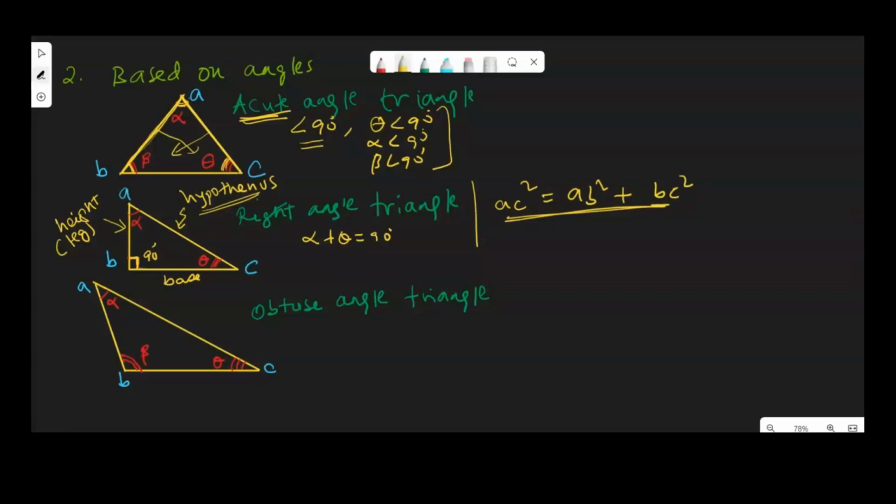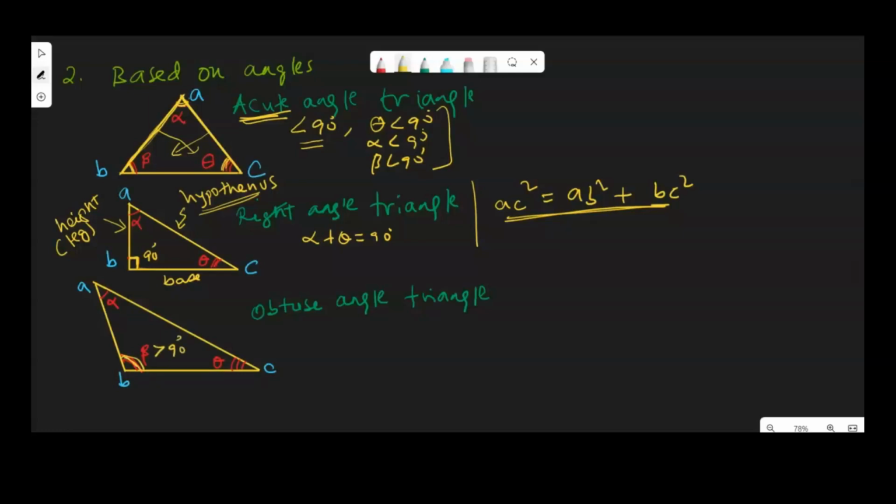The third type of triangle based on angles classification is the obtuse angle triangle. What's an obtuse angle triangle? It is a triangle with one interior angle greater than 90 degrees. So as you can see, one of the angles is greater than 90 degrees, which is beta.